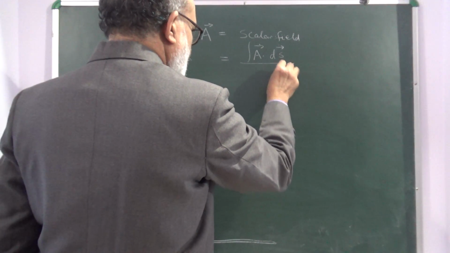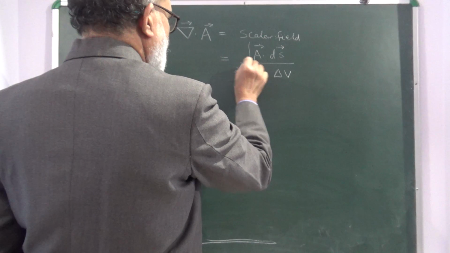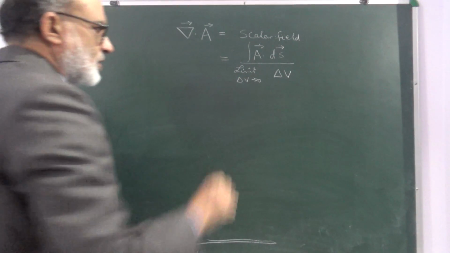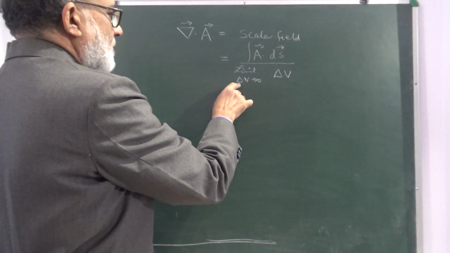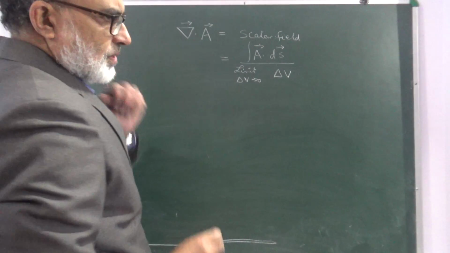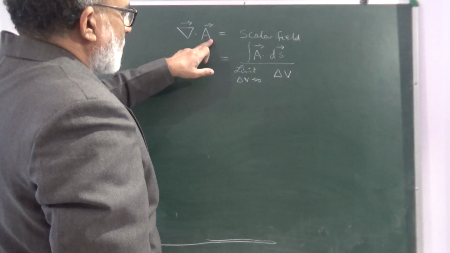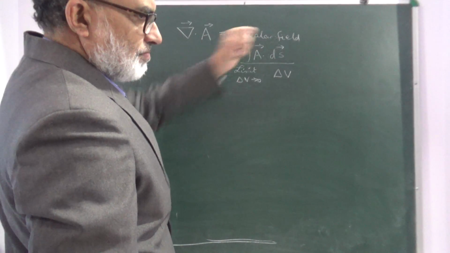The flux is divided per unit volume, so this is delta V, where the volume is supposed to be very small. In mathematical notation we write the limit delta V tends to 0. So this is about divergence: the operation of the del operator on a vector field results in a scalar field which is a flux.